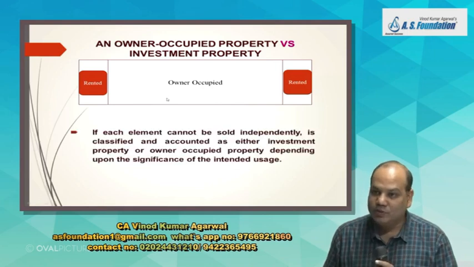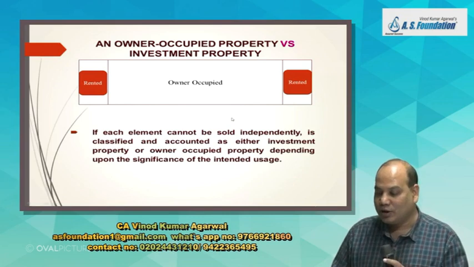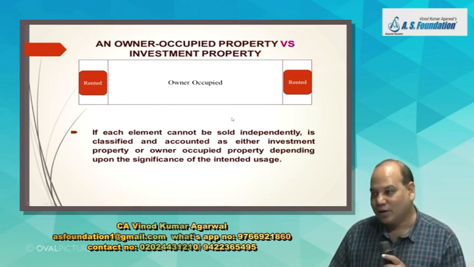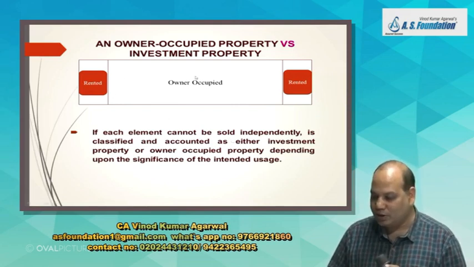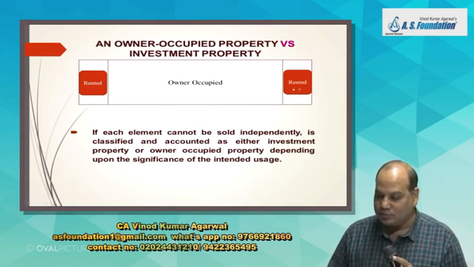So this time judgment will be required. Whose proportion is more? And accordingly, you do the classification. If each element can be sold independently, then you can show this as IP, this as OOP, this as IP.